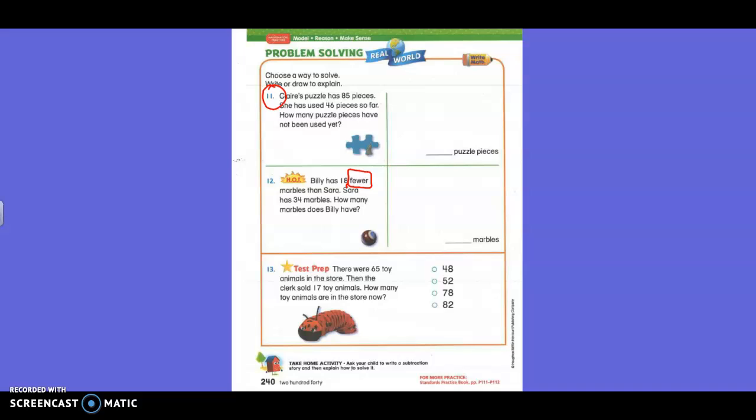Billy has 18 fewer than Sarah. Sarah has 34. How many marbles does Billy have? So what are you doing there? Subtracting. We just said fewer means subtracting. There were 65 toy animals in the store. Then the clerk sold 17.